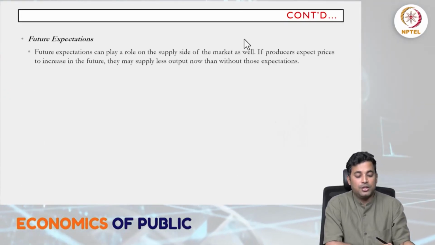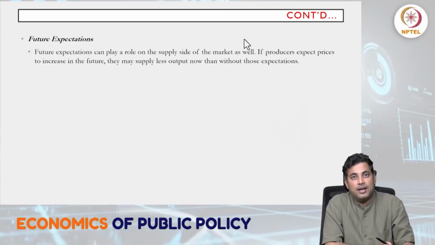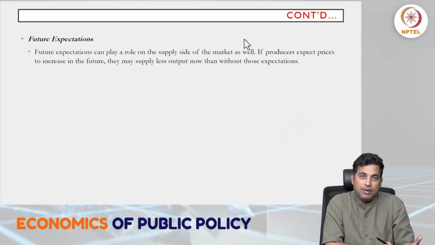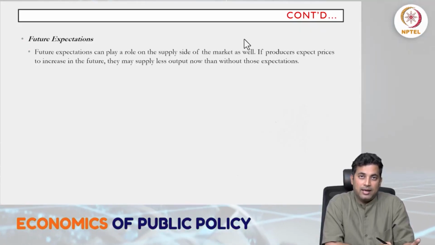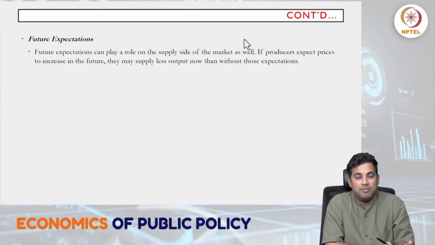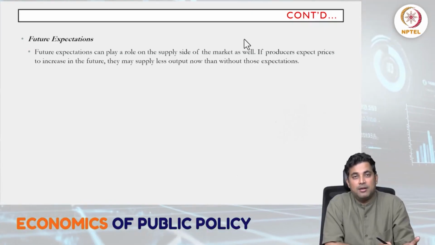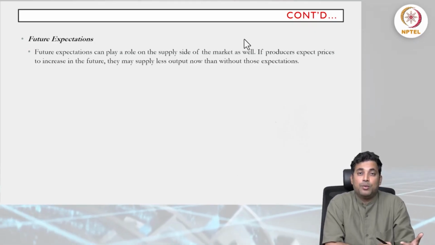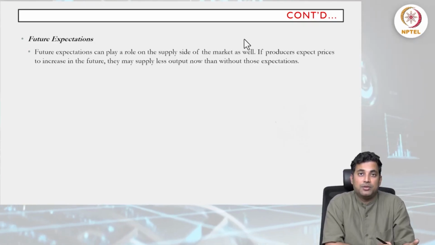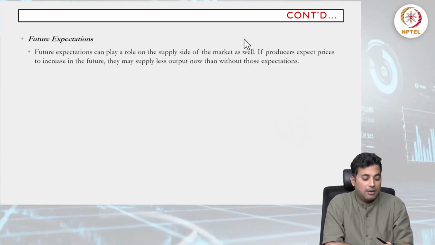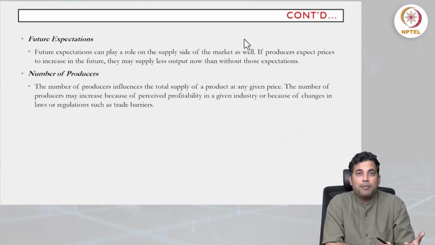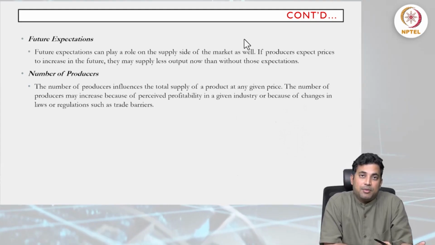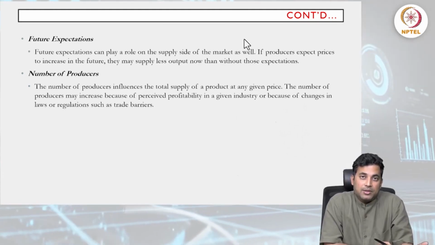Now to continue with future expectations, for instance, if producers think that a particular commodity will have much more demand and will get a higher price in the future, in that anticipation, a farm may supply more at the current price. That expectation of future price will also be a determining factor for producers supplying that particular good.